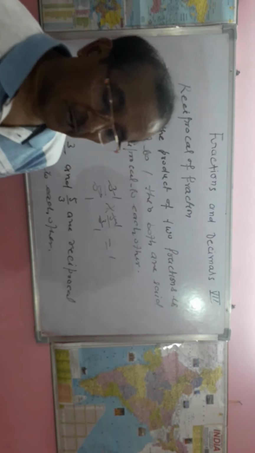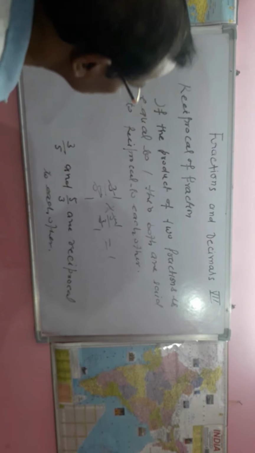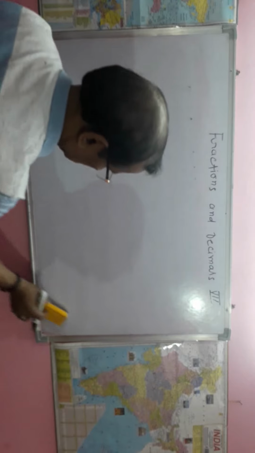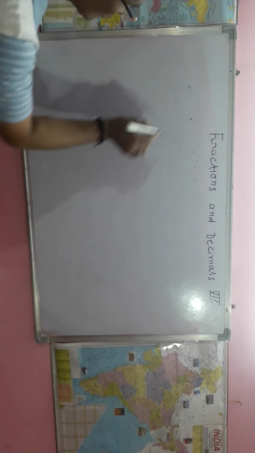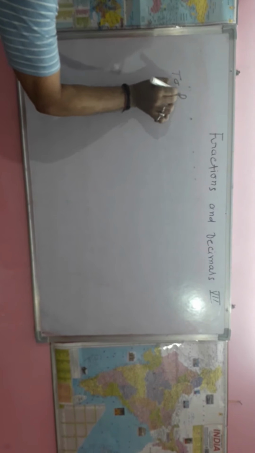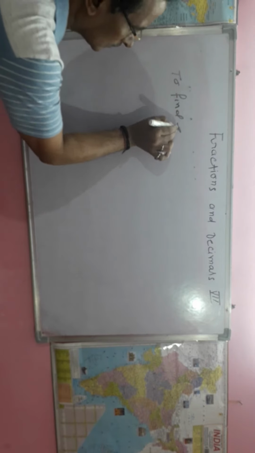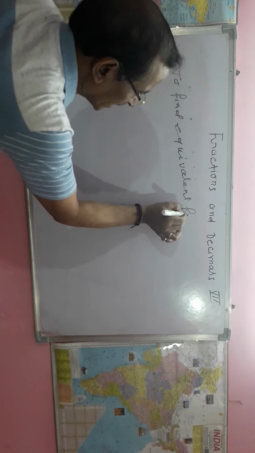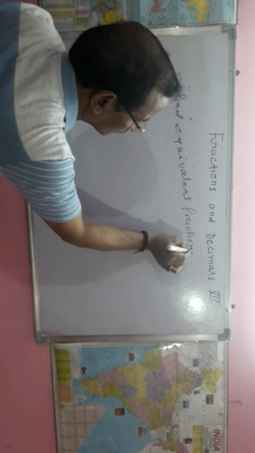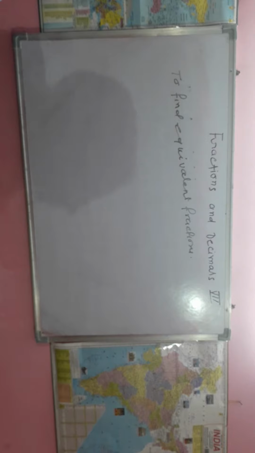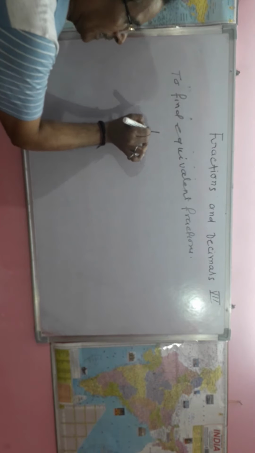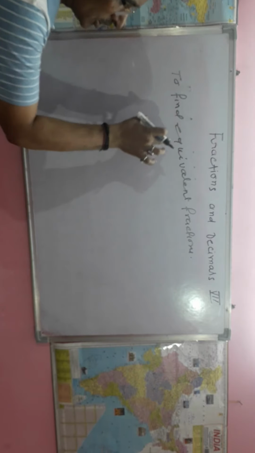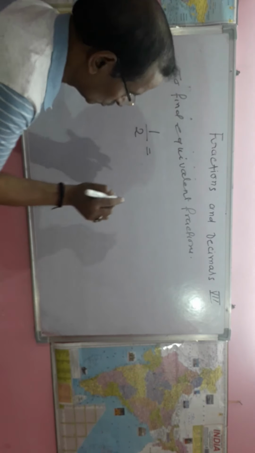Now, how can we find equivalent fractions? To find equivalent fractions, like 1 upon 2, find the equivalent fraction of 1 upon 2.